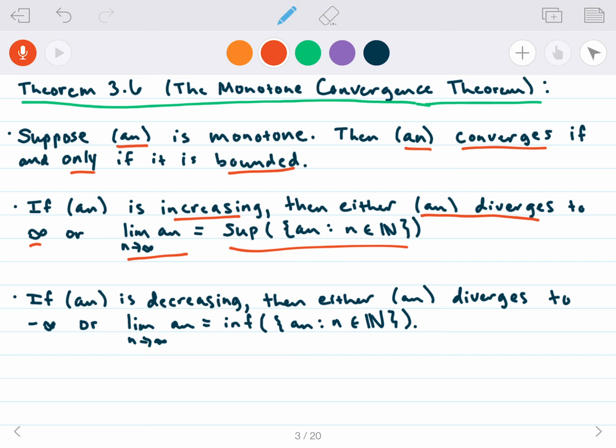Okay? And similarly, if your sequence is monotone decreasing, then if it's unbounded, it's going to diverge to negative infinity. But if it's bounded, it's going to converge to the infimum of the set of terms in your sequence.